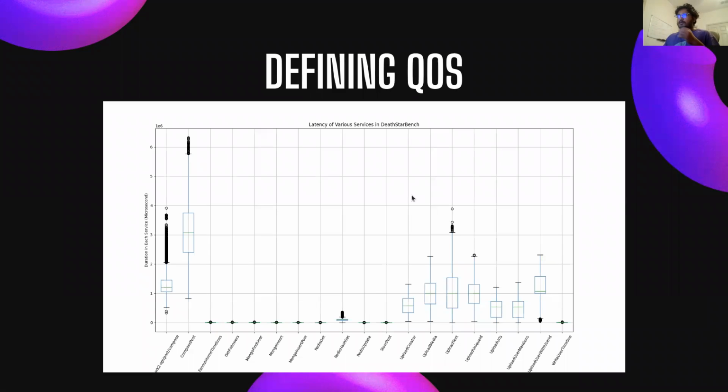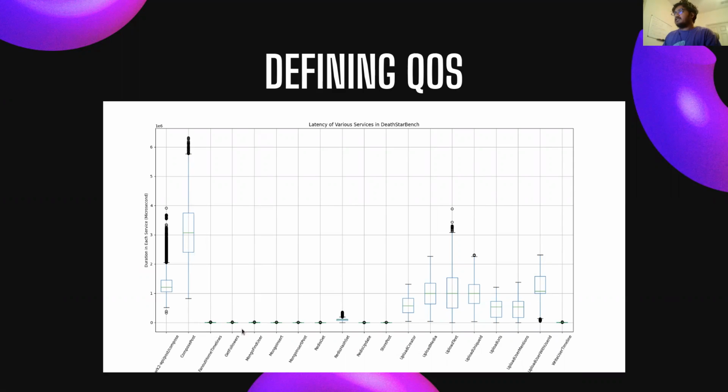Now, to put things in perspective, for example, the compose post here takes all of this time to execute, and all I care about is the more than 95% of the requests. So these are the requests which are violating SLO.